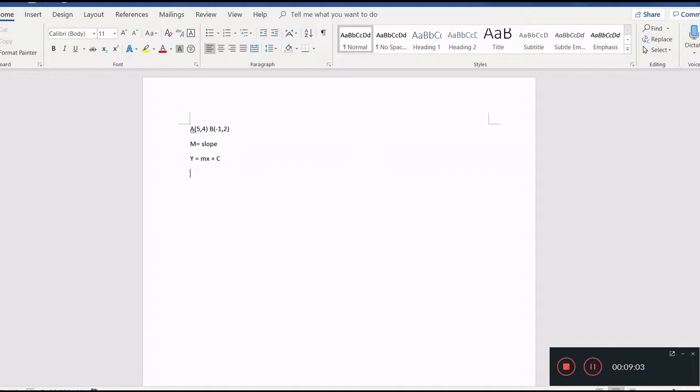First of all, you have to find the m. m equals, firstly you have 2 points. You take the y values, y2 minus y1. Let's say you assume this is the first point and this is the second point.